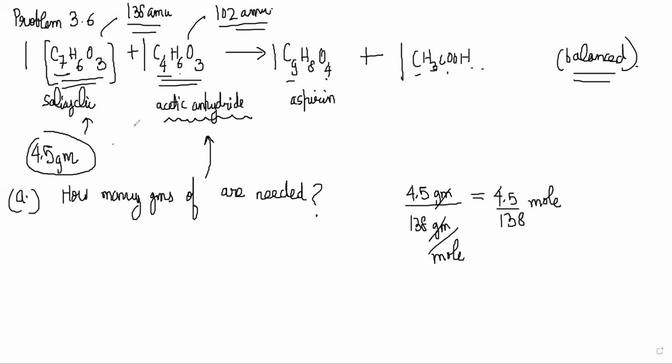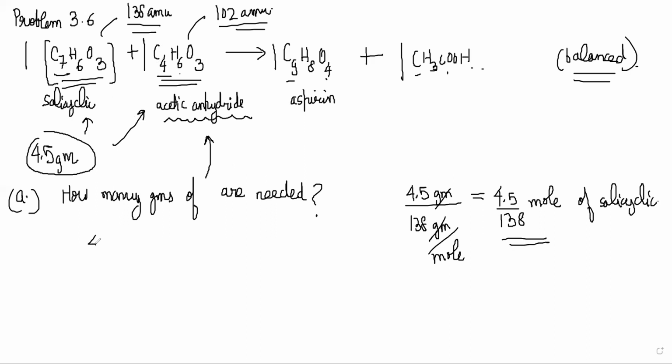So how many moles of reactant are necessary this side? The same amount. So this many moles of salicylic acid will react with this many moles only of acetic anhydride, right? Yes, sir. So what is the mass that is required?